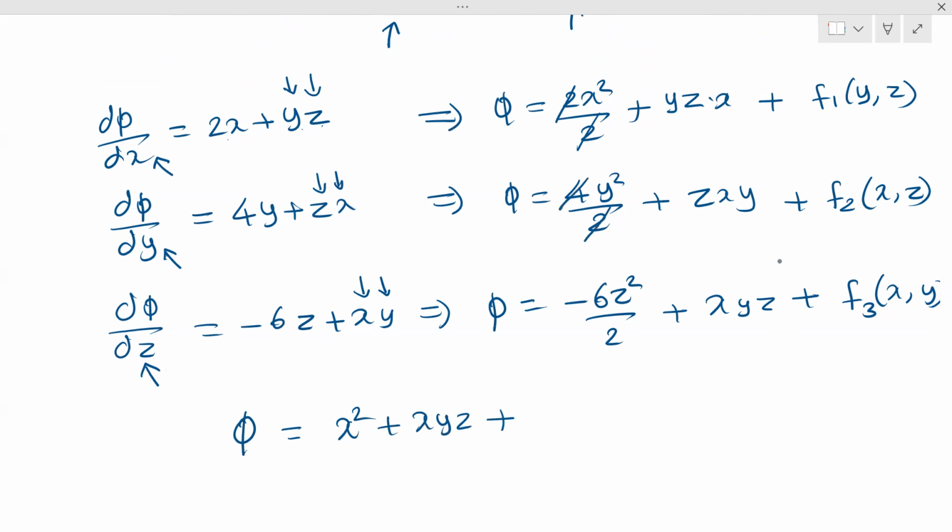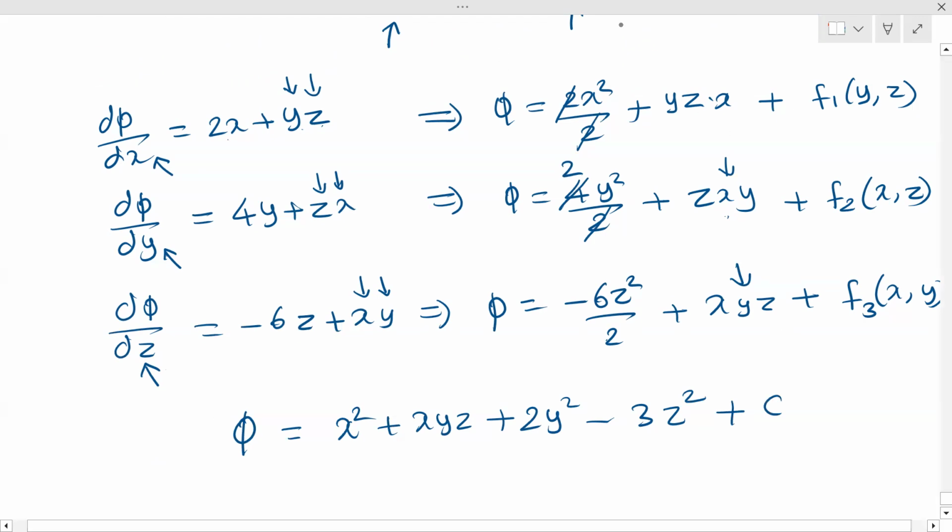Here 2 gets cancelled, 2y square. No need to write the repeated terms, because we are doing the partial integration, no need to repeat. Now we go to this one. So here it is minus 3z square. Again, no need to write this term. So this is our scalar potential.